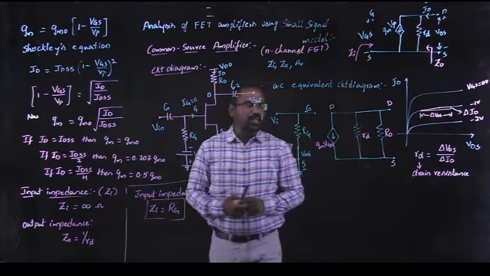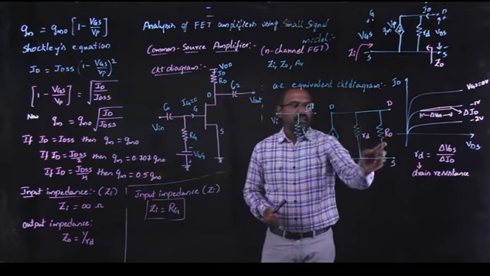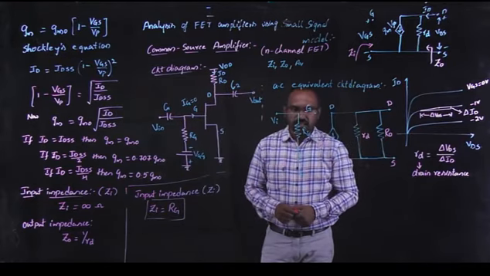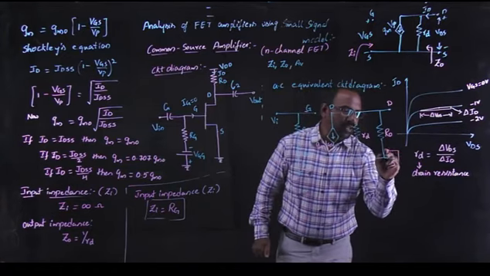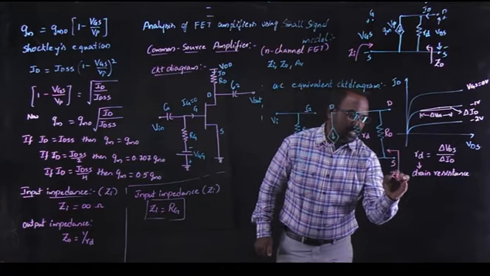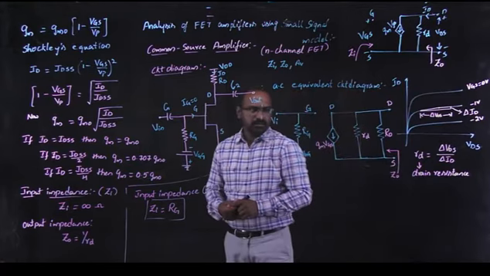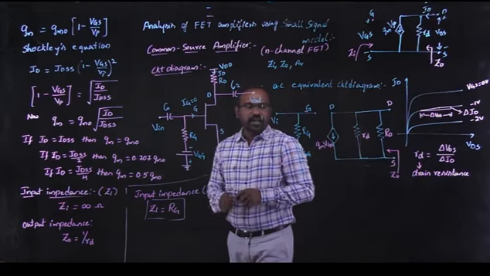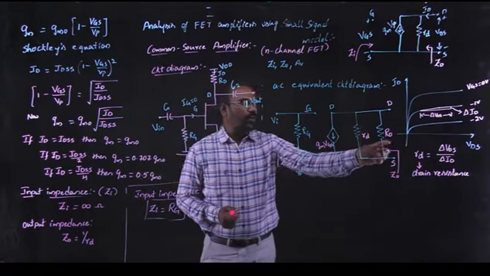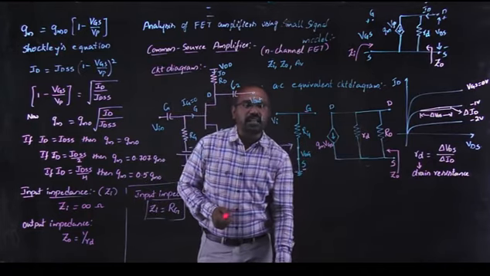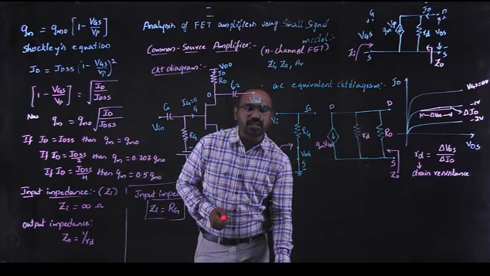And now I am going to calculate the output resistance. The output resistance is seen between the output terminals, so Zo. Are you getting my point, guys? Here the output resistance is seen between drain and source terminals.